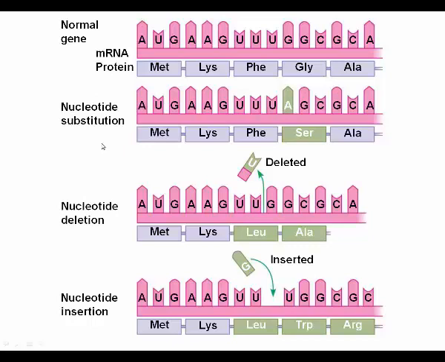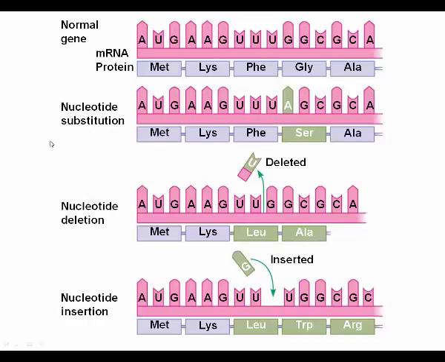And remember, these are happening just because mistakes happen in replication or because some kind of chemical or environmental mutagen actually damages the DNA. A nucleotide can be substituted, or a nucleotide could be deleted or added. Notice that a substitution can actually change one encoded amino acid, but certainly a deletion or an insertion would completely change the series of codons that are read, and so the encoded amino acids from the point of mutation.